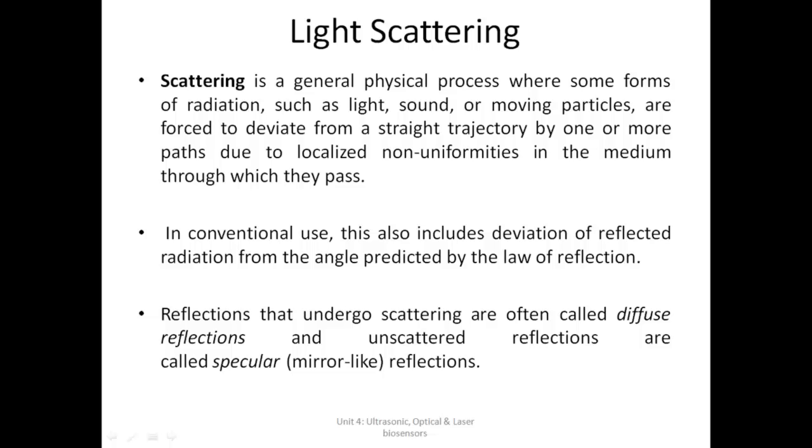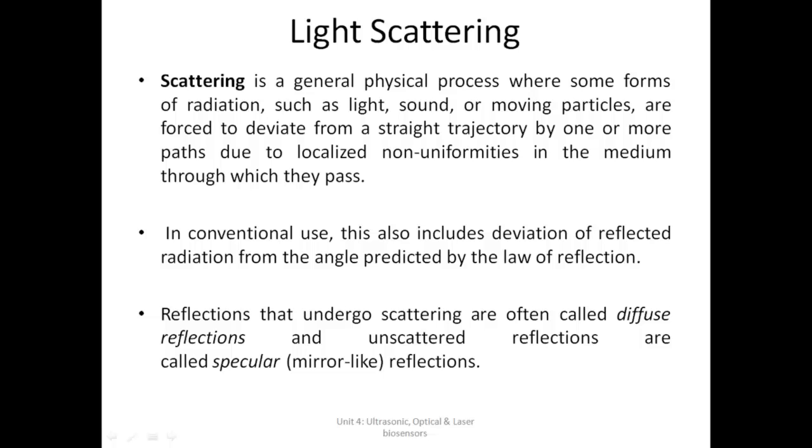Reflections that undergo scattering are often called diffuse reflections, and the unscattered reflections are called specular reflections, or mirror-like. So if a reflection takes place in clean water, it is called specular reflection, which is according to the laws of reflection and Snell's law, whatever we follow.